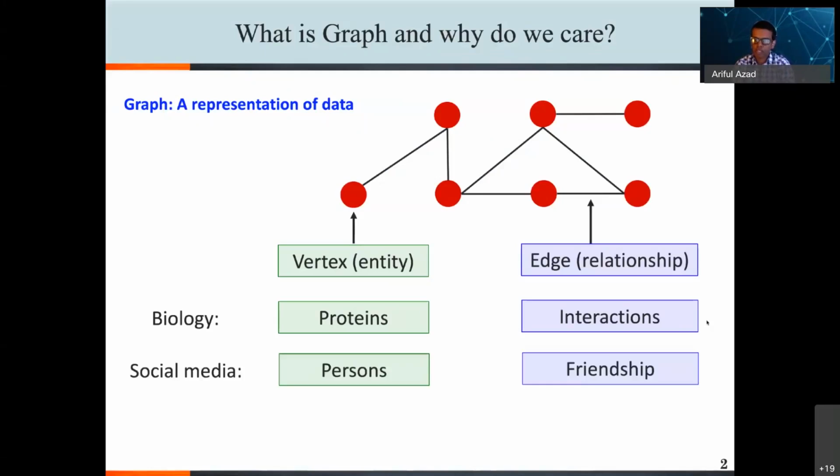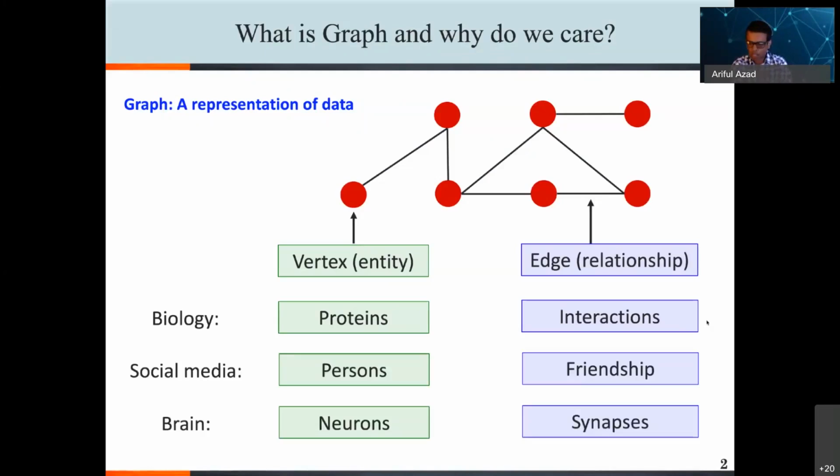If we think about a social network, then different individuals represent vertices, and friendships can be represented by edges. If we think about our brain, that can be modeled as a big graph where neurons represent vertices, and neuron interactions like synapses can be represented by edges. So in that sense, a graph is an abstract mathematical model that can concisely capture relational data.